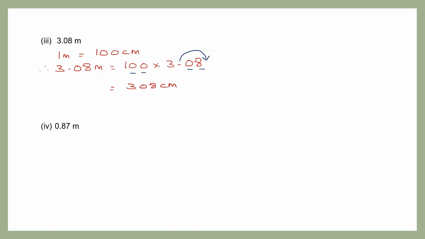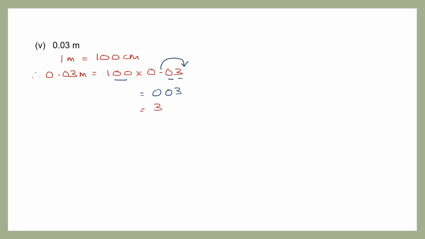Next question, 0.87 meters. So 1 meter equals 100 centimeters. Therefore, 0.87 meters will be 100 into 0.87. So, when you multiply by 100, which has two zeros, my point moves 2 places to the right and comes here. So, I get 87.0 or simply 87 centimeters.